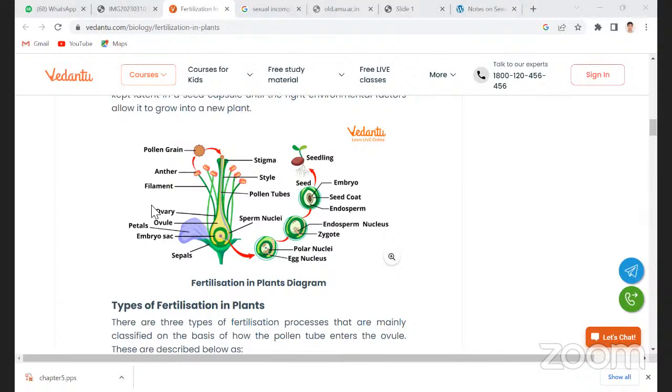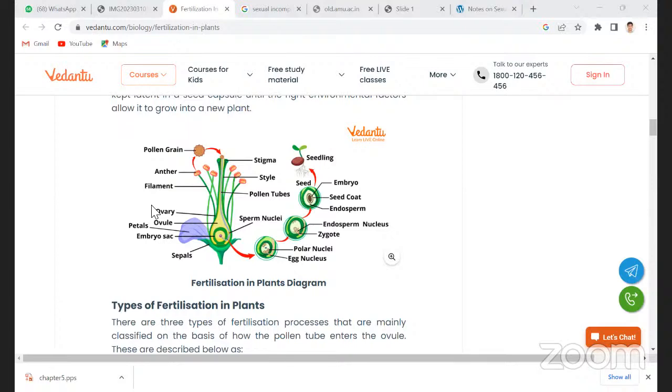So these are the very, very important points regarding this. Next class we will discuss the remaining units. We have the book: fertilization and sexual incompatibility.